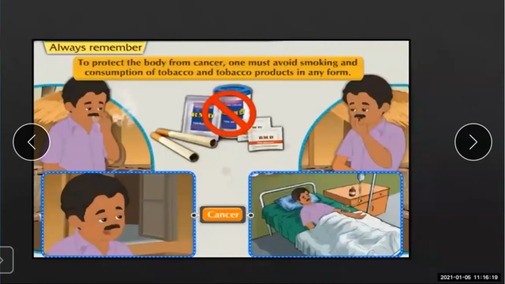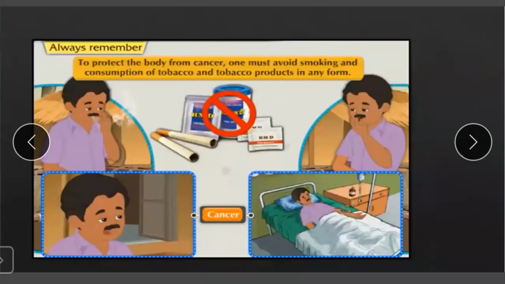So, my dear students, it's a kind request to you, your parents, your neighbors and your surroundings, that you should not get into this addiction. You should not involve yourself in this addiction. It is not good for our health. It is very, very hazardous. Nowadays, all are going the wrong way, only for fashion, and this is not good.